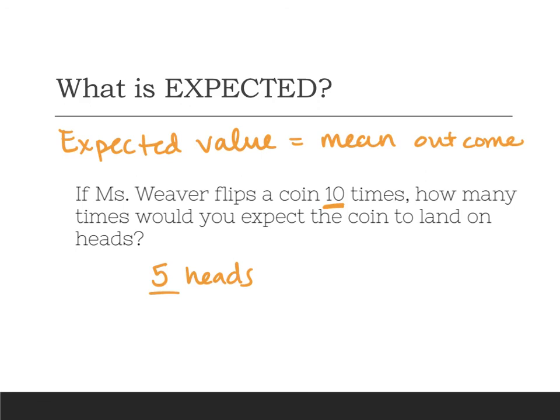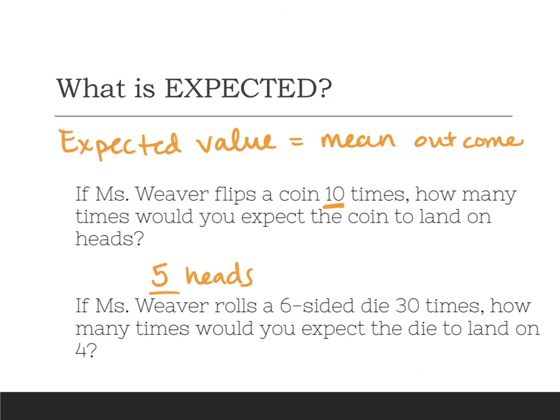Just half of them. Same thing if I were to roll a die. Now, if I was rolling a 6-sided die, I've got 1, 2, 3, 4, 5, or 6 as my options. If I were to roll one of those 30 times, how many times would you expect the die to land on a 4? Well, a 4 is one of the 6 options. And again, as long as this isn't a weighted die, and I wish we were in class because I actually have some dice that have weights in them, and they land much more frequently on one number than another.